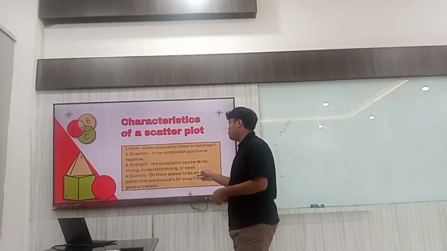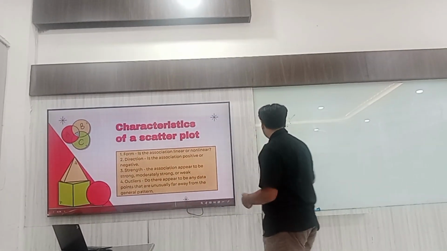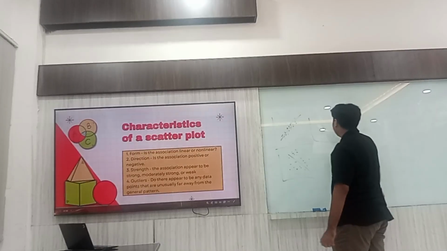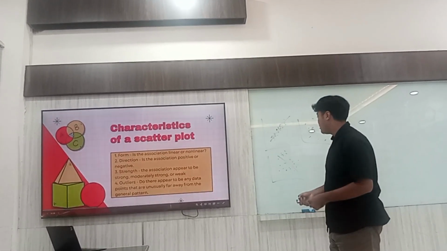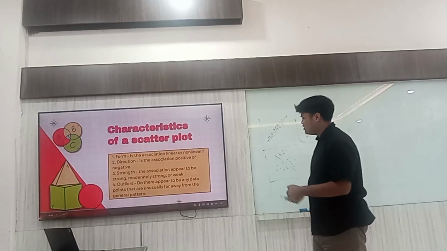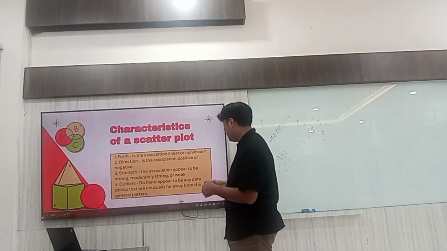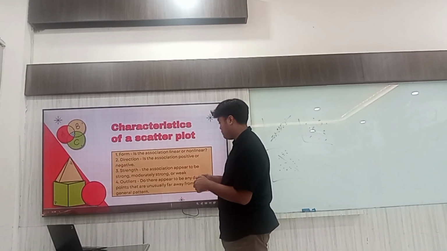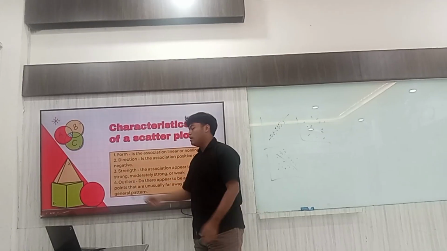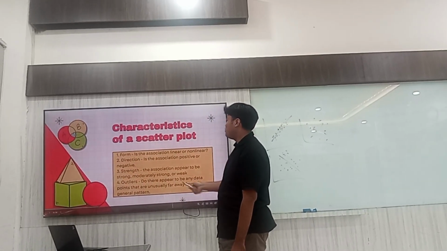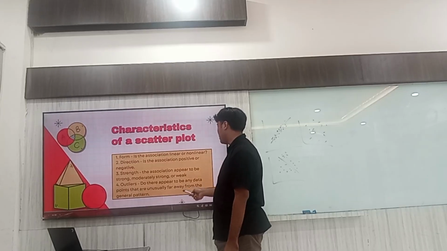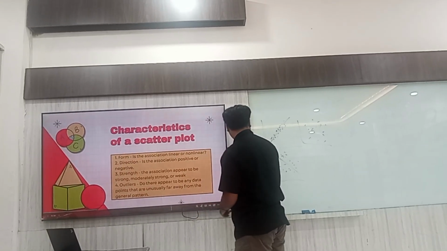And for weak, if the graphic is like this, we cannot define the direction here. And for outliers, there appear to be data points that are far away from the general pattern.